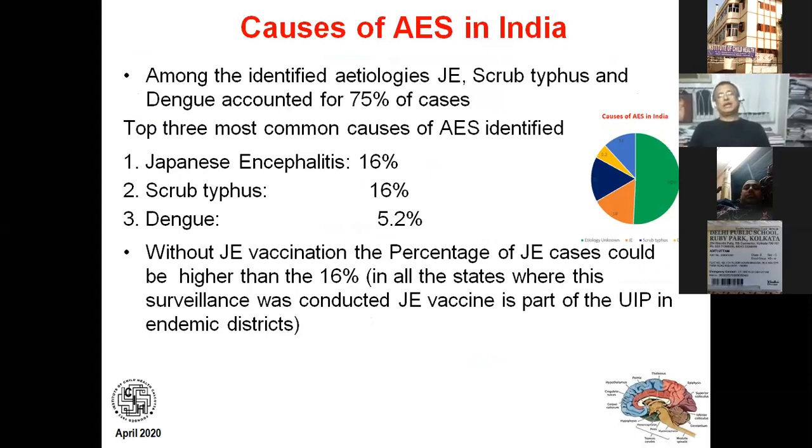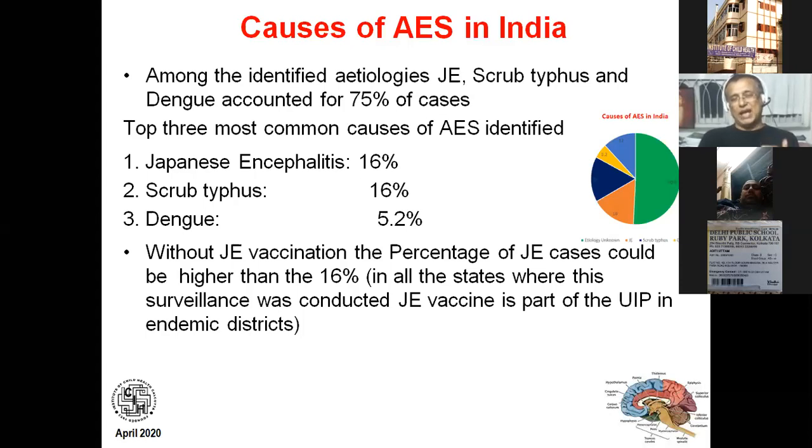So when they studied the causes, in 50% of cases no cause was found, and where a cause was found, three diseases headed the list, which included Japanese encephalitis, scrub typhus, and dengue. Of the three common causes, Japanese encephalitis and scrub typhus constituted 16%, whereas dengue 5.2%.